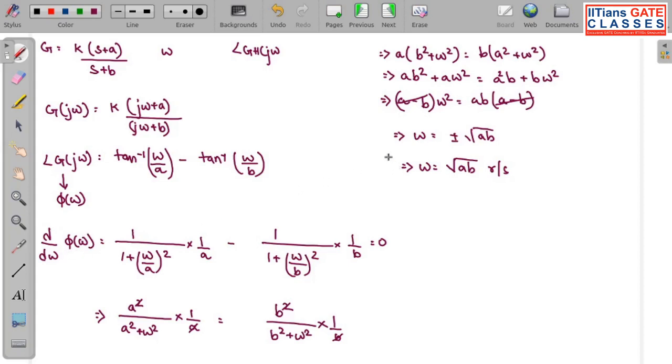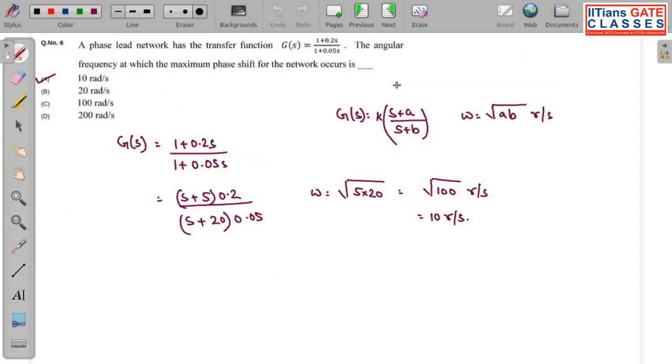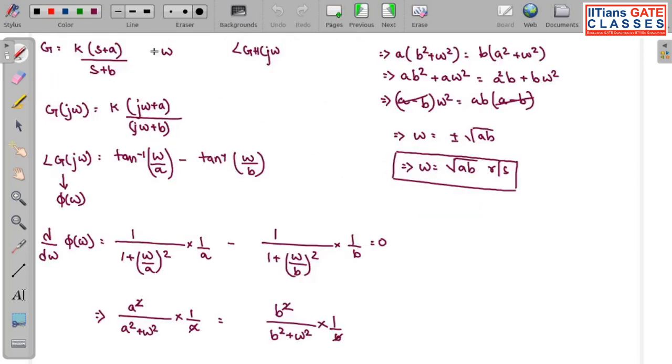Still, I derived this result, omega equal to the square root of ab radian per second. I directly used this formula for solving. I know most of you know this formula, but for those of you who are just in preparation mode, I wanted you to understand how I got this.